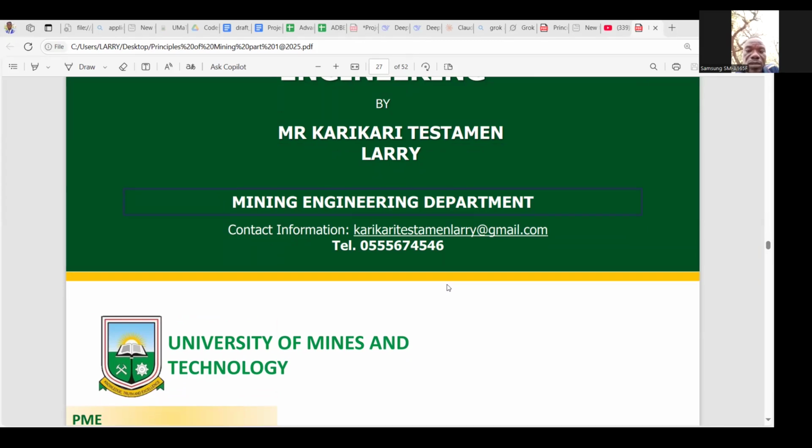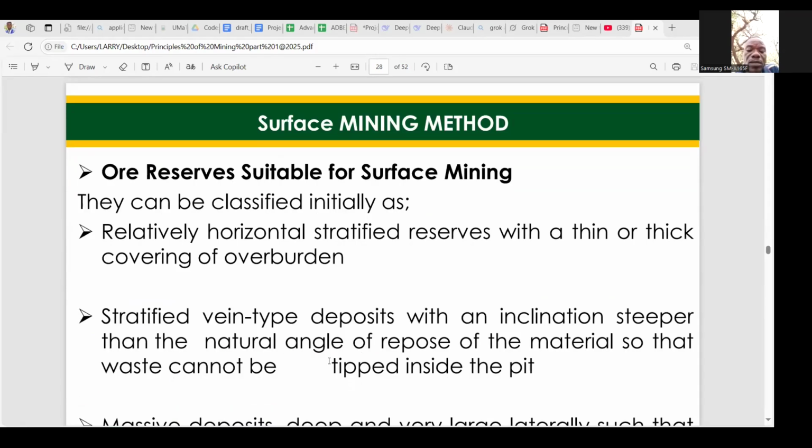As usual, we are going to discuss a lot of things. So the first thing we are going to look at is ore reserves suitable for surface mining. How can I know that this particular ore deposit I'm having, I should use surface mining methods to mine?